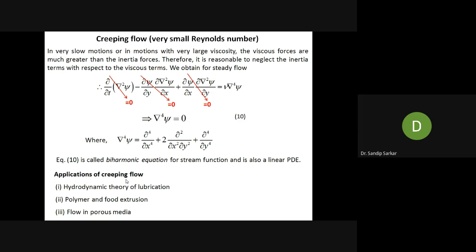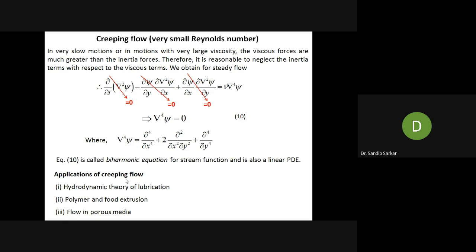For example, flow in a porous media. Porous media means sponge, like sand, porous sand, clay, all are basically porous media. So how the fluid is flowing through sponge or through clay, those kinds of fluid motion are called porous media fluid motion.